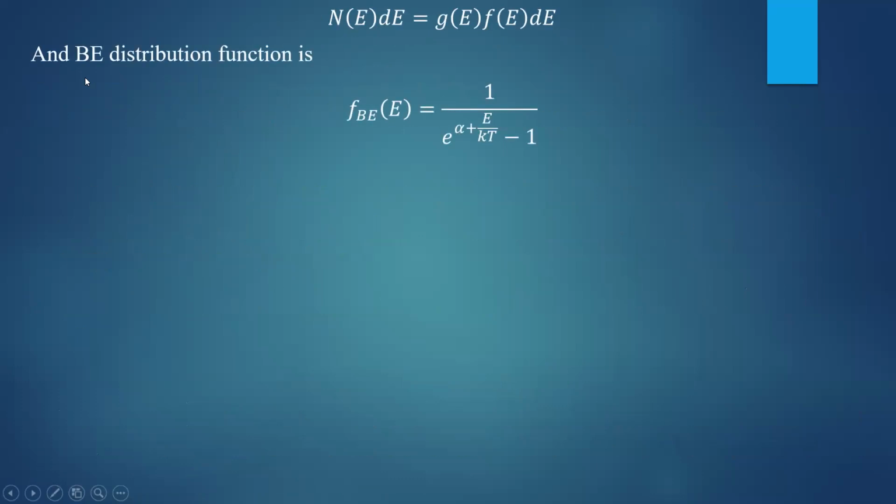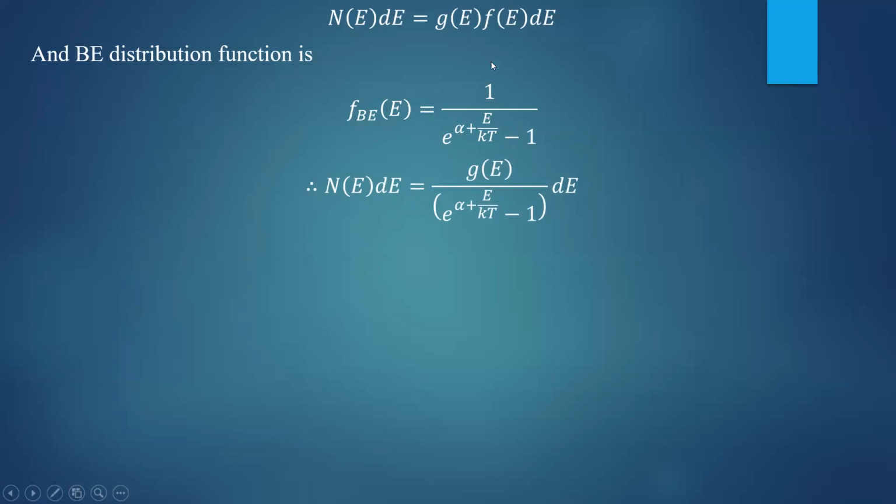Now this is the basic equation you have already written. We know that the distribution function corresponding to Bose-Einstein statistics is F_BE of E is equal to 1 divided by e to the power alpha plus E by kT minus 1. That is basically the Bose-Einstein distribution function. We have to substitute this distribution function here, and also we have to find the density of states.